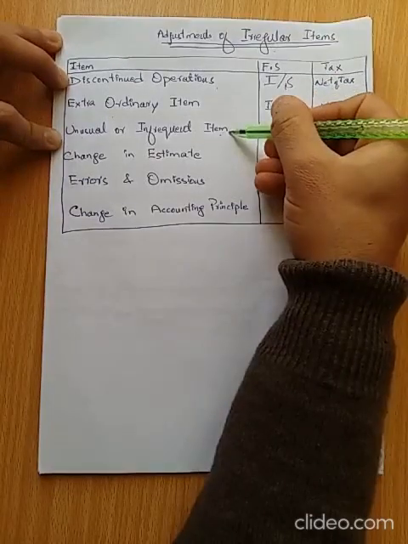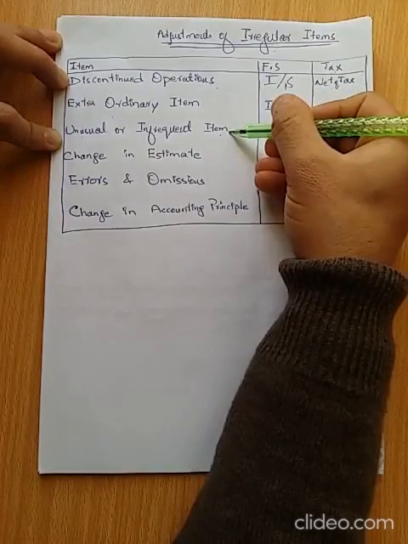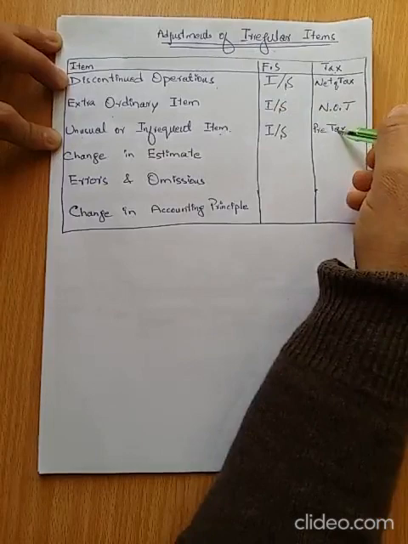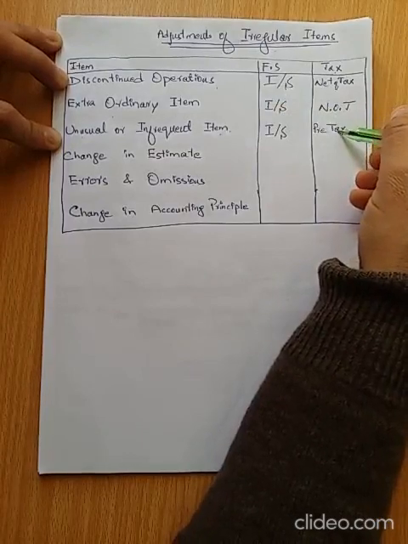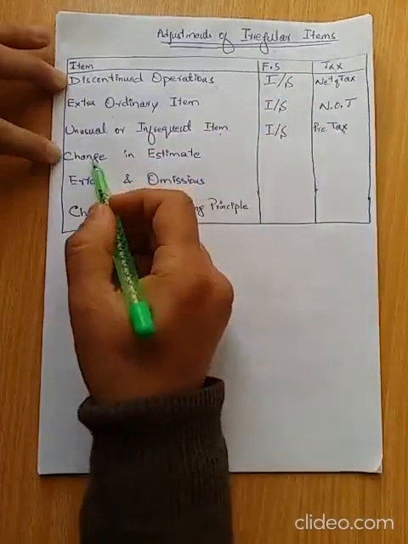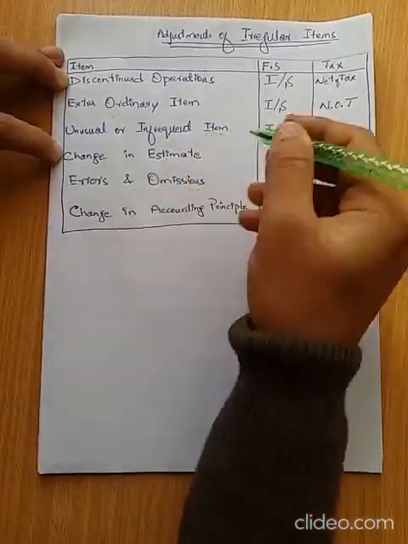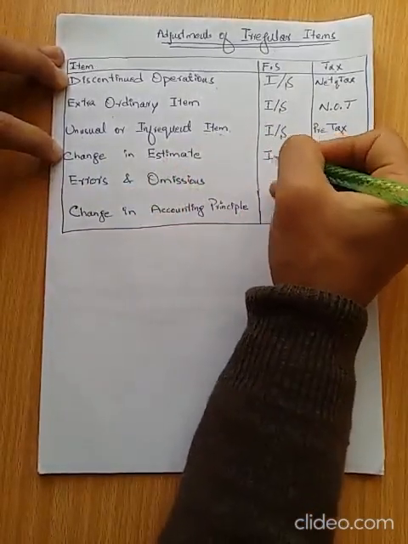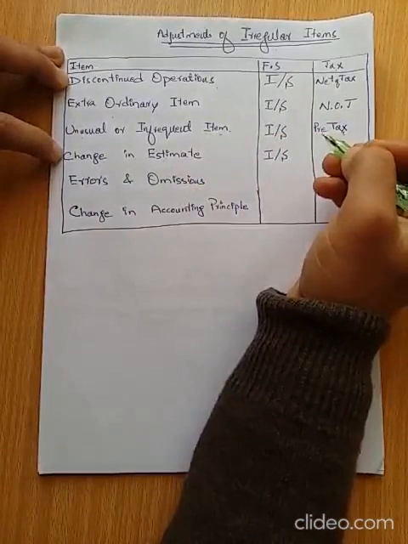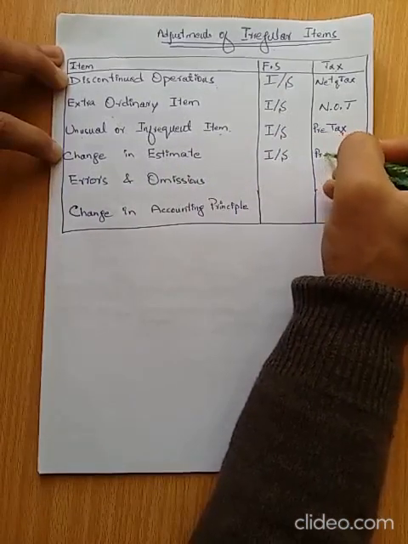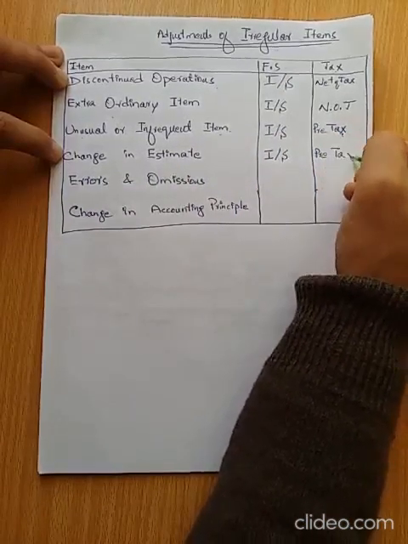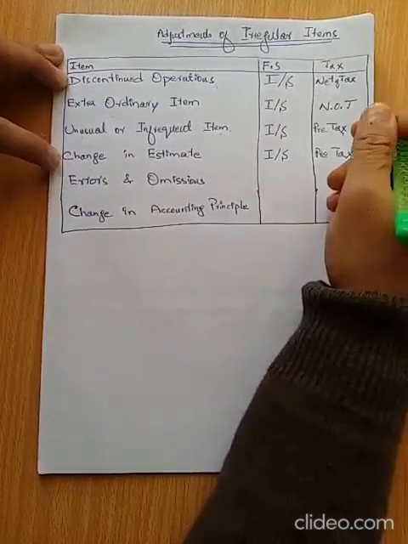Whatever the dollar amount is, whether it is a gain or a loss, a plus or a minus, we are not going to subtract any tax percentage out of it. Pre-tax means this. Then change in estimate will also be adjusted inside the income statement, and the tax treatment is pre-tax, meaning no deduction of tax will be done.